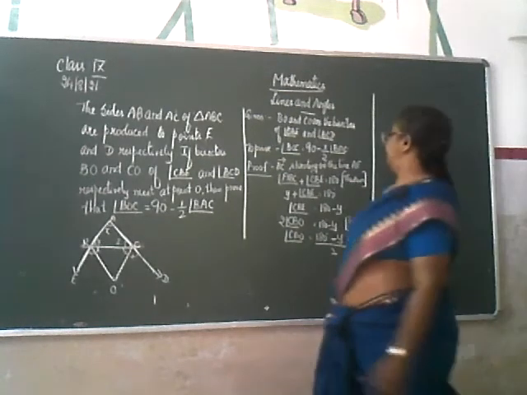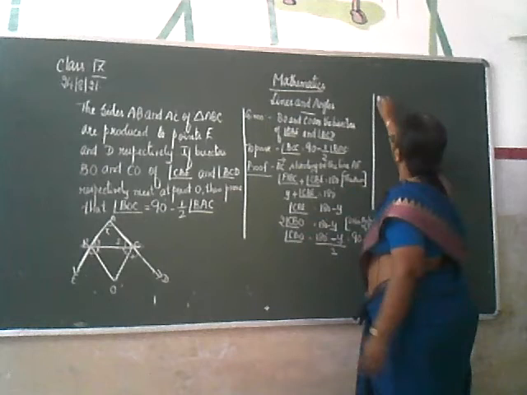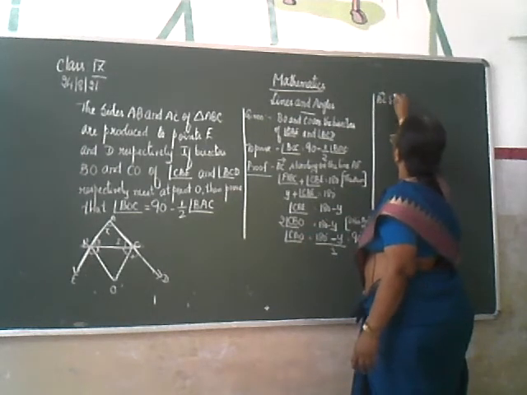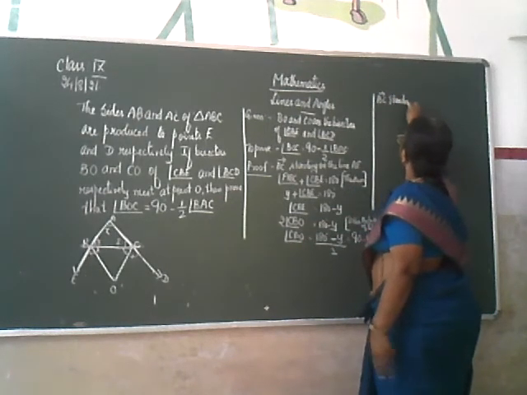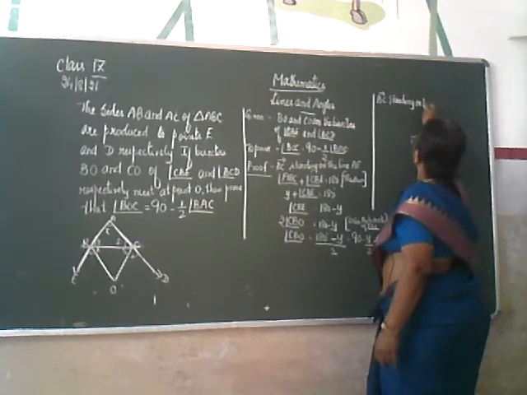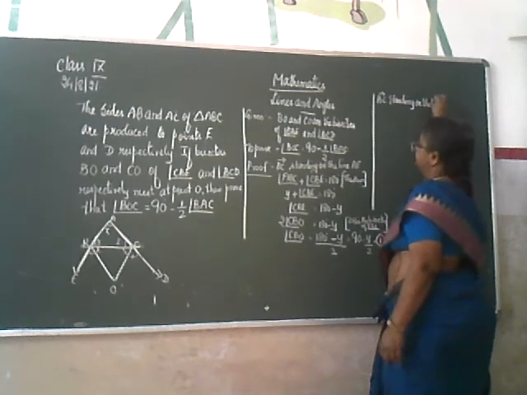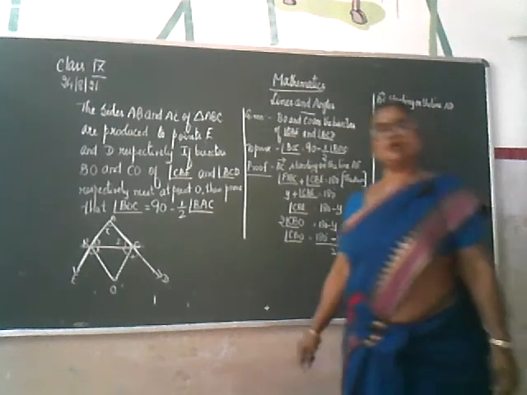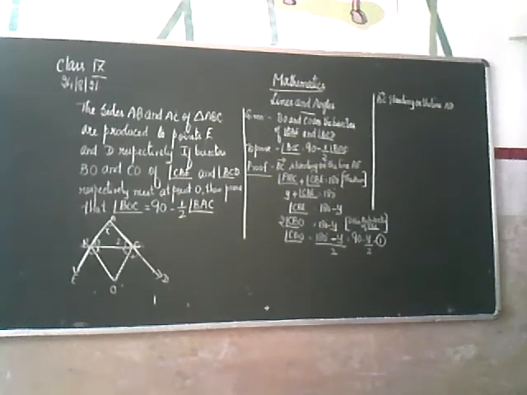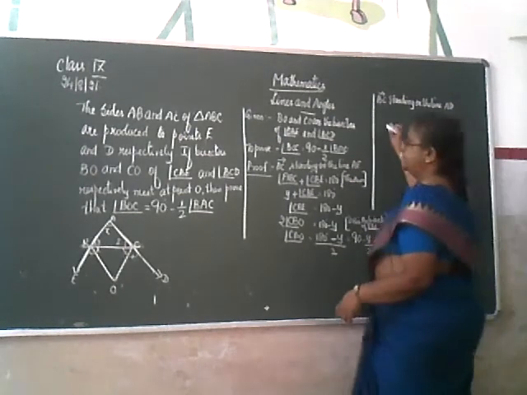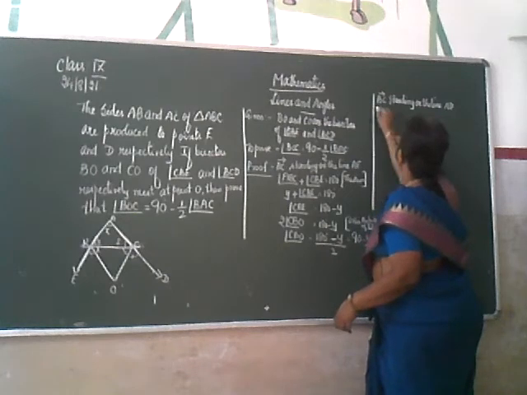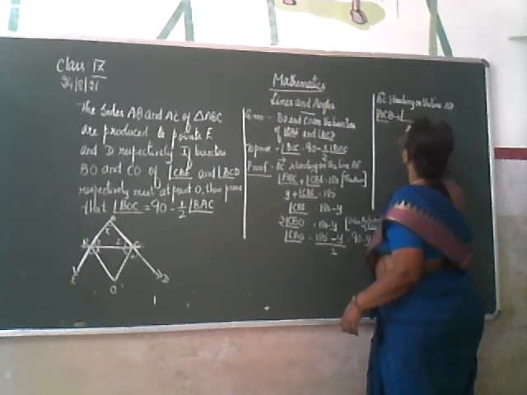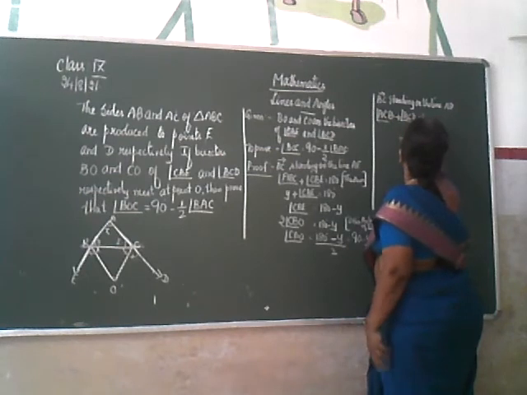If again BC is a ray standing on the line AB, then you can say ACB plus BCD is equal to 180 degrees.